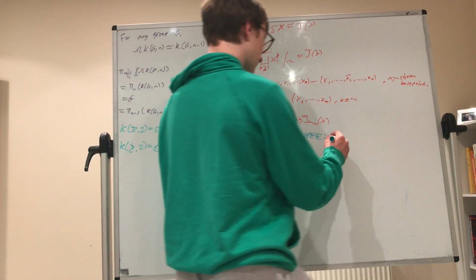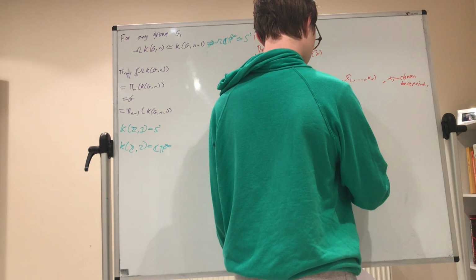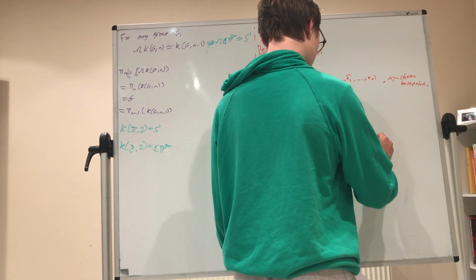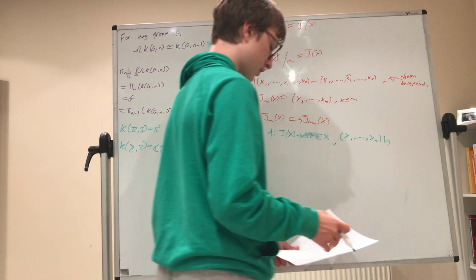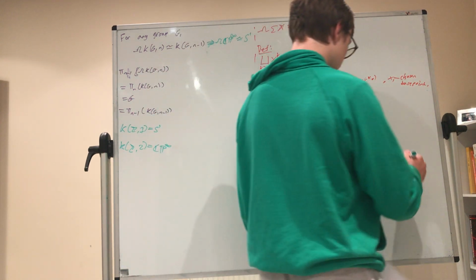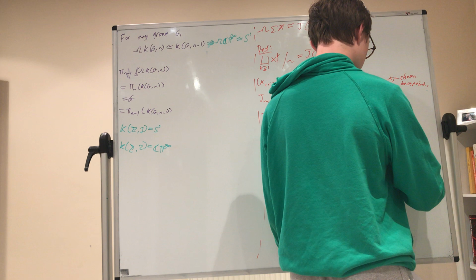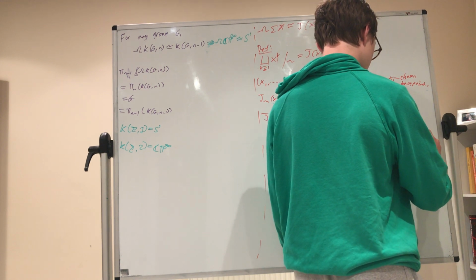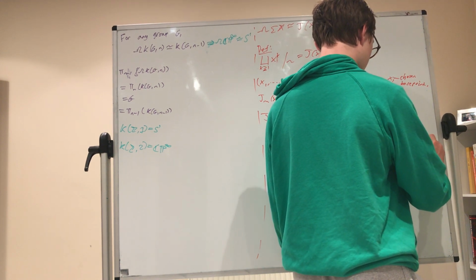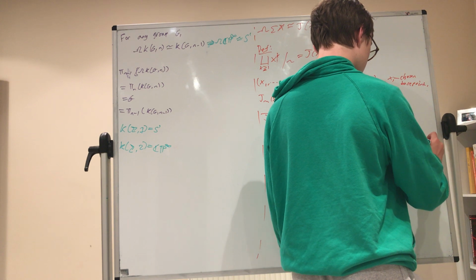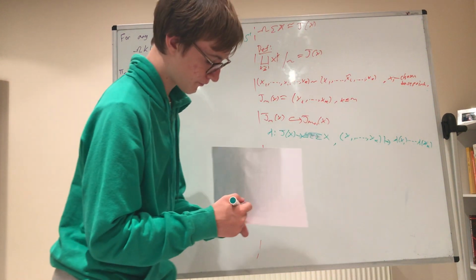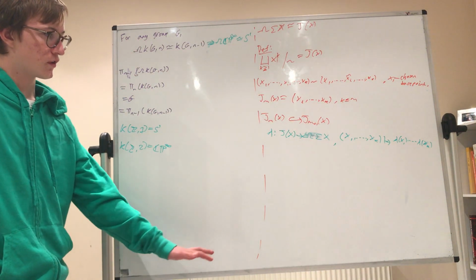So it will map (x1, ..., xk) to lambda of x1 up until lambda of xk, as the product of loops. Alright, this is good.